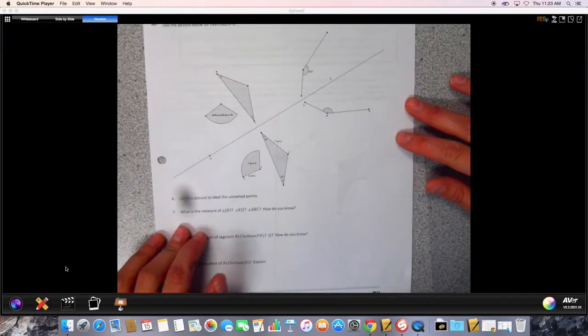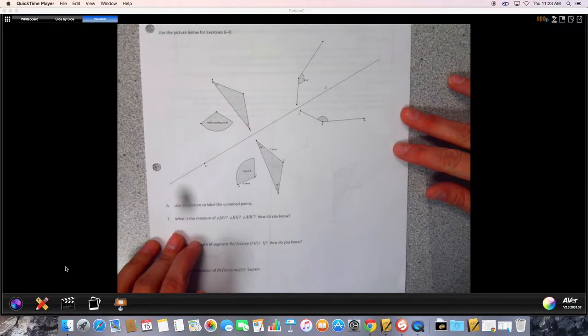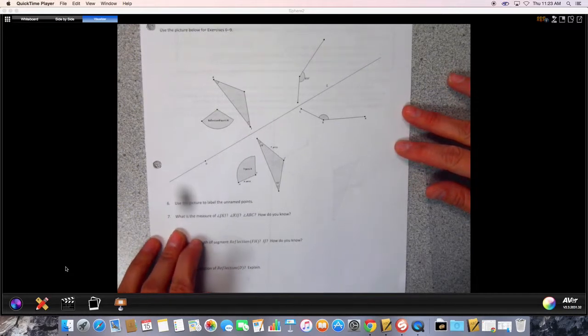Okay, this next page is page 15. It looks like this. Let me make sure I have the whole image, and it kind of looks like a praying mantis when you have it all on there.